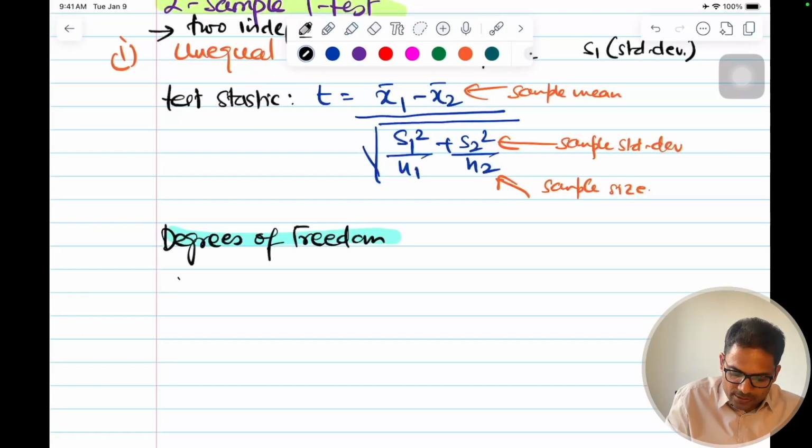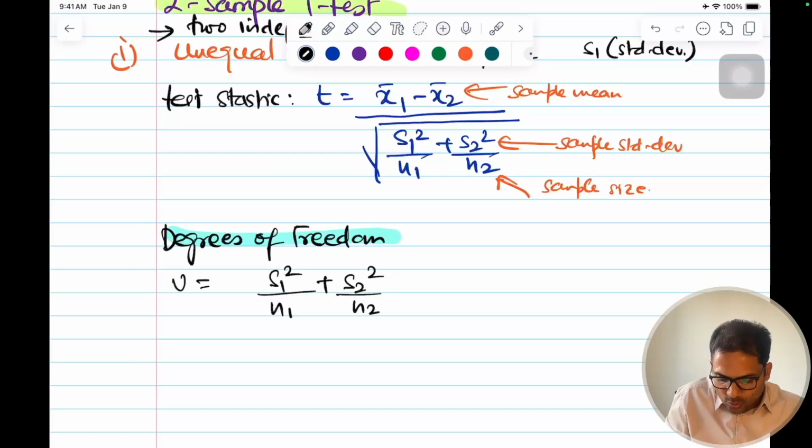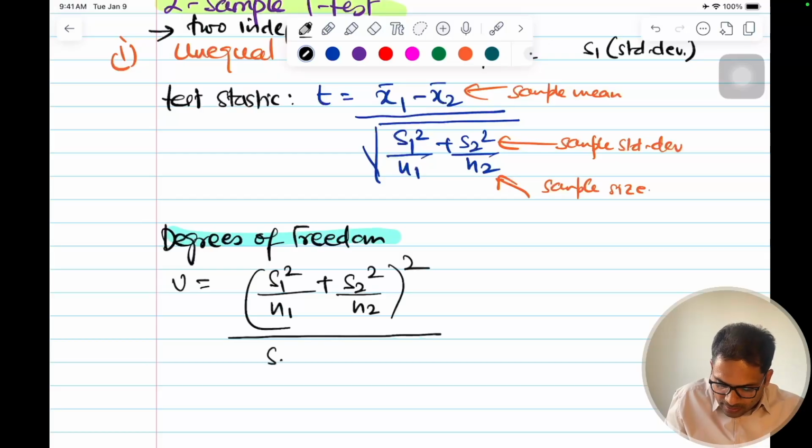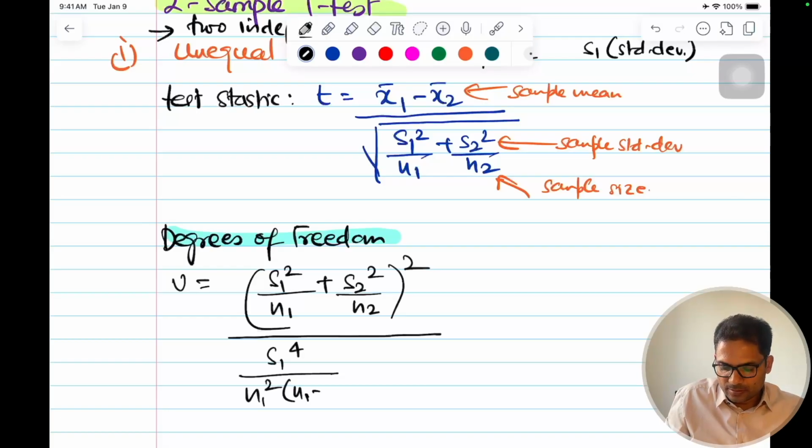The formula is S1 squared by N1 plus S2 squared by N2, whole squared, divided by S1 to the power 4 by N1 squared into N1 minus 1, plus S2 to the power 4 by N2 squared into N2 minus 1, it is symmetric.